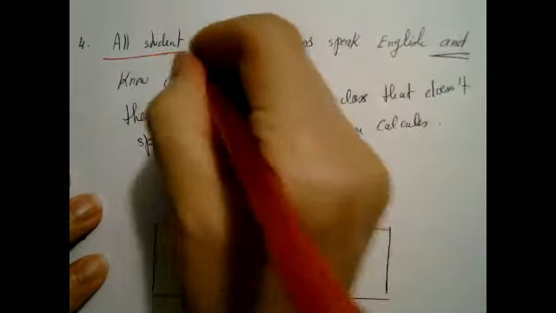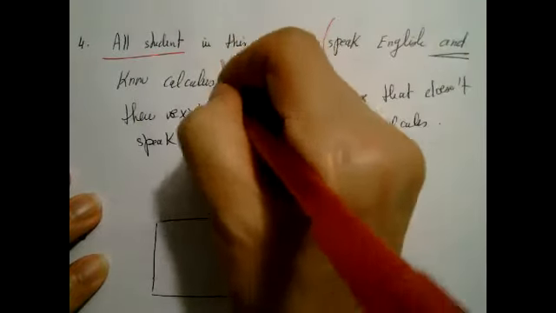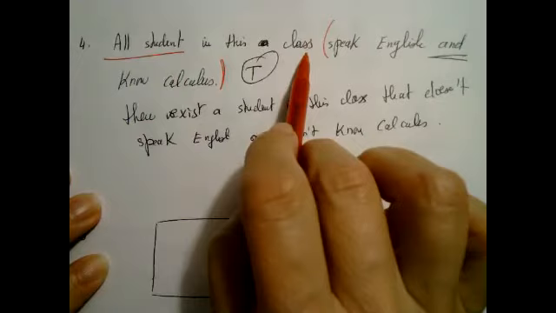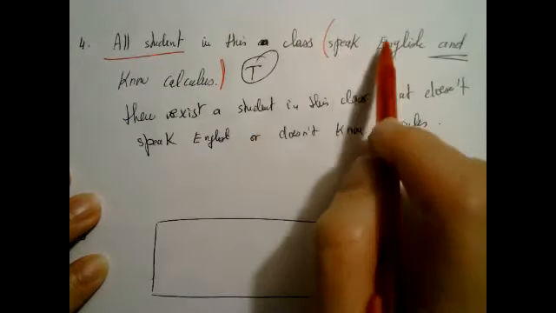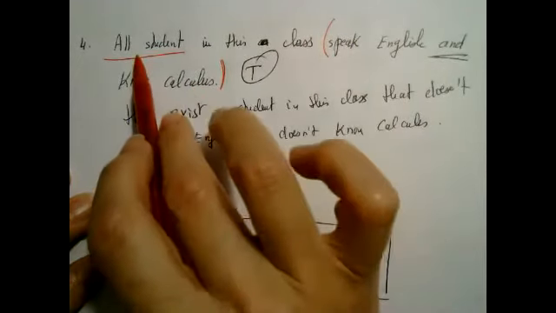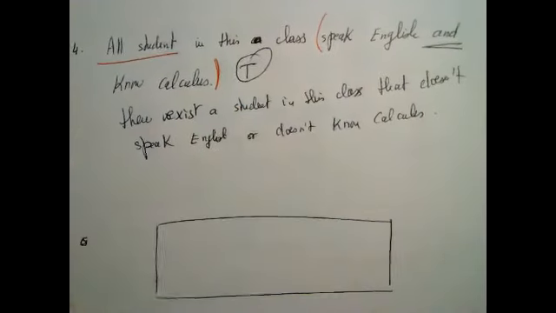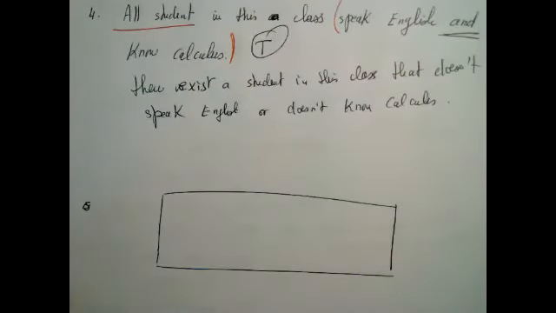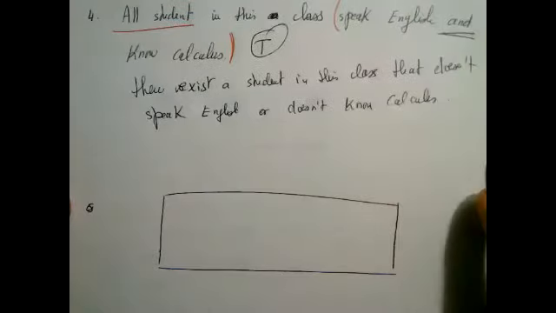Speaks English, so all students in this class, that's my domain: student in class. My predicate: X speaks English and knows calculus. My quantifier is for all. Right? So 2 more questions along the same line.